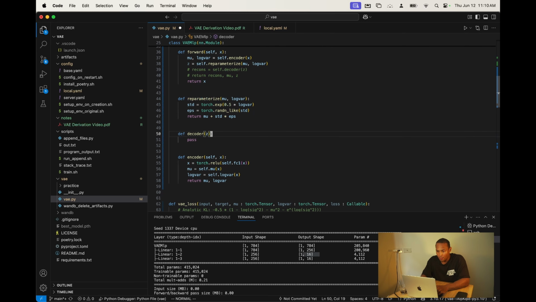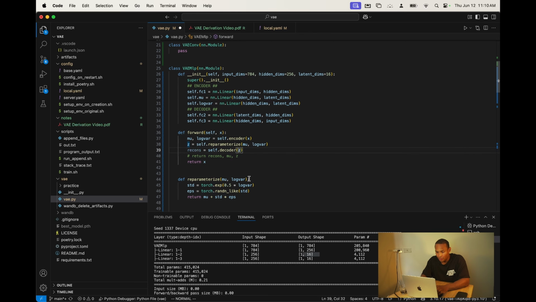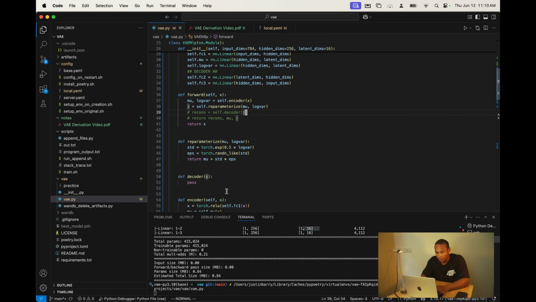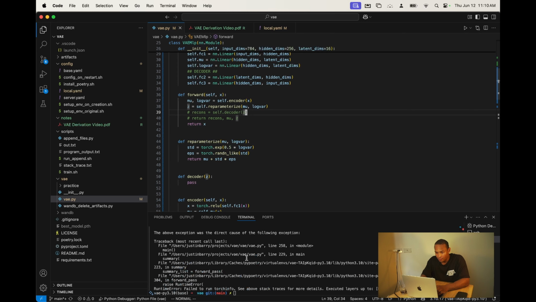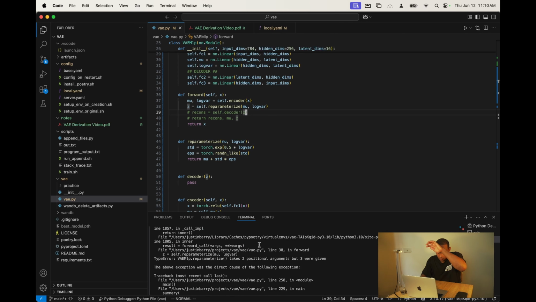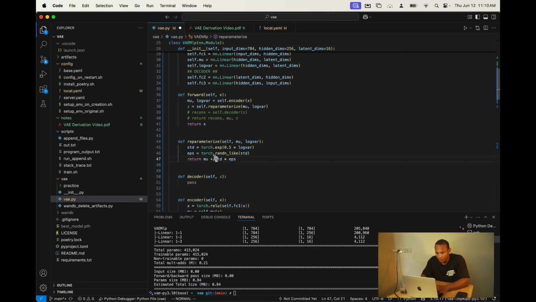So now our decoder, actually let's run this. That works.